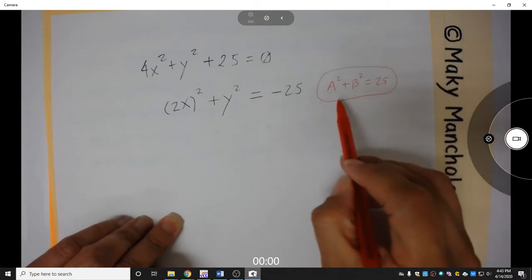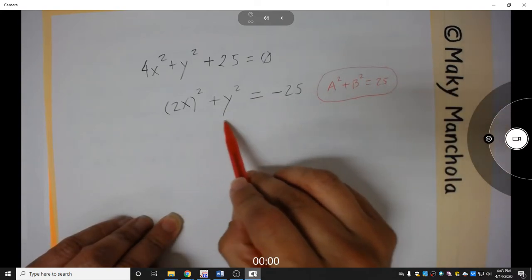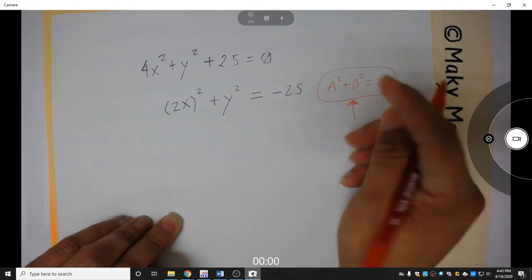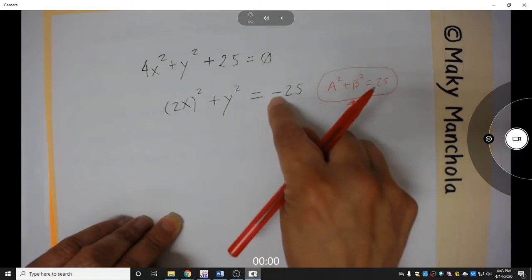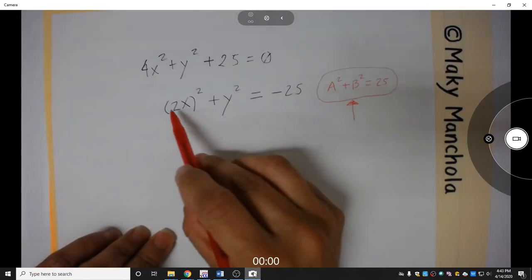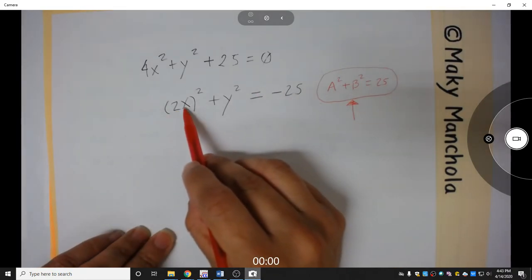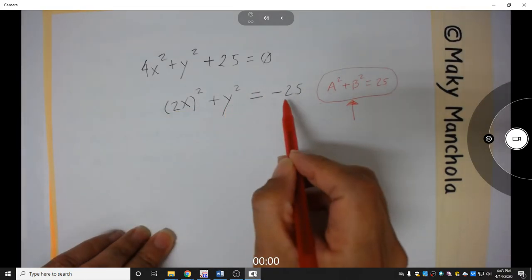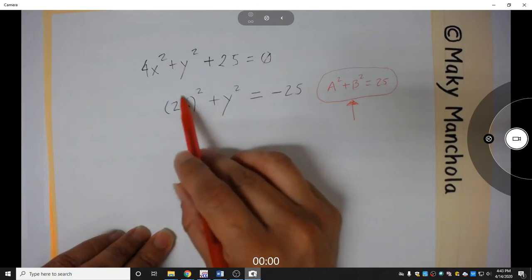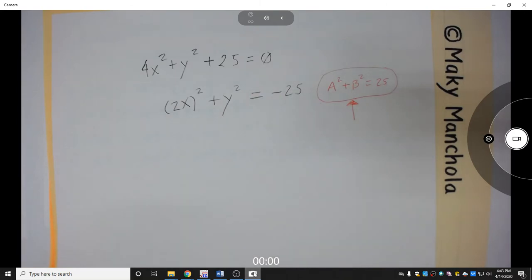The only difference between our given equation and the one that we are using as a bridge here is that we're not getting 25, we're getting -25. So in order to achieve the effect of the sum of a square and another square being -25 forces each of these bases to be imaginary numbers.